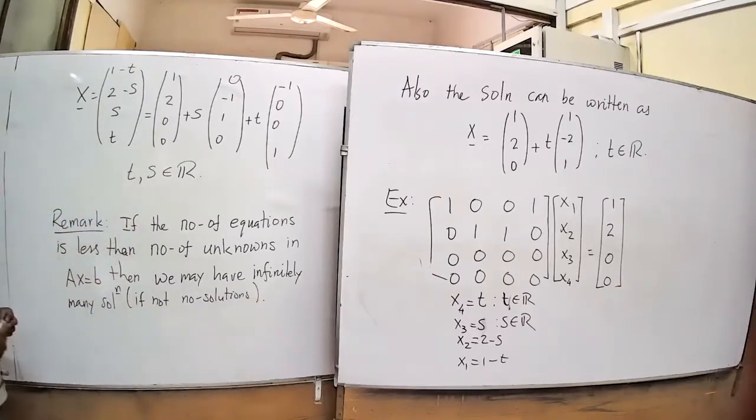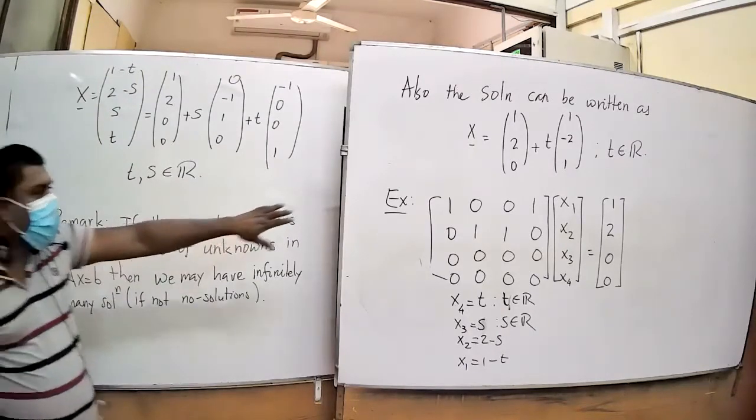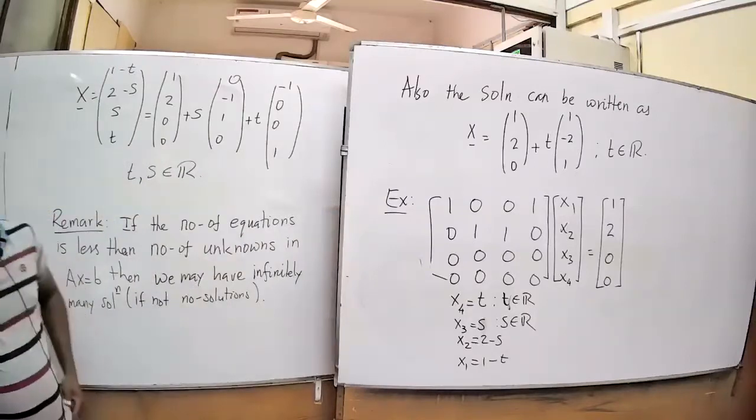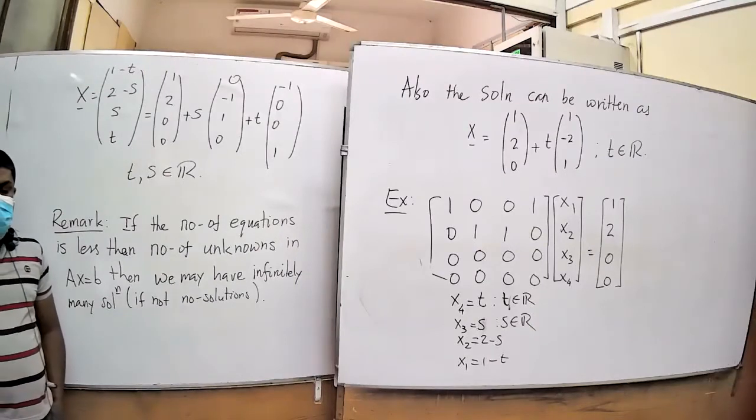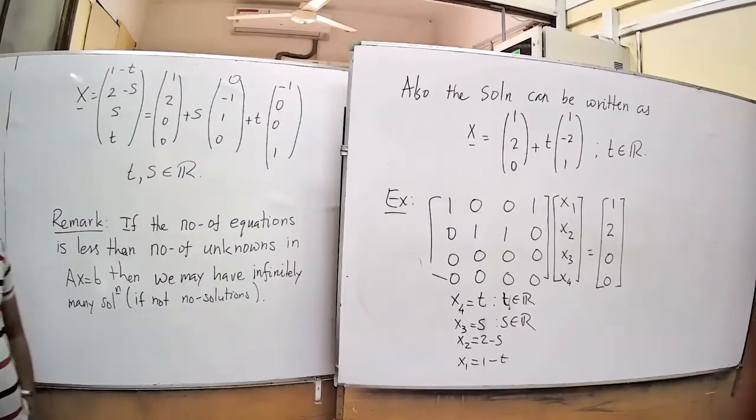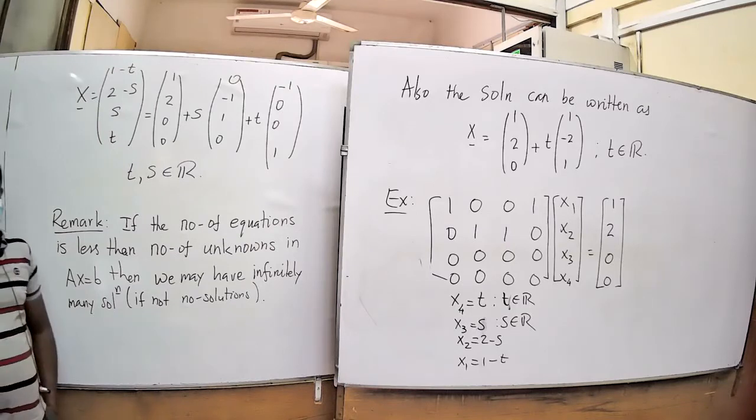Right, so we will not have this kind of problem in our course, because we always try to start with the problem where the number of equations and number of unknowns are the same, like 4 cross 4 or 3 cross 3. But this one is also possible. Say you have 3 equations but 4 unknowns. So already in the original problem you have one equation less.